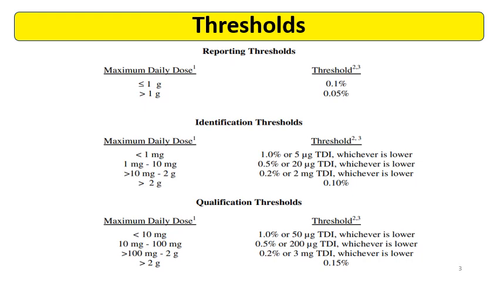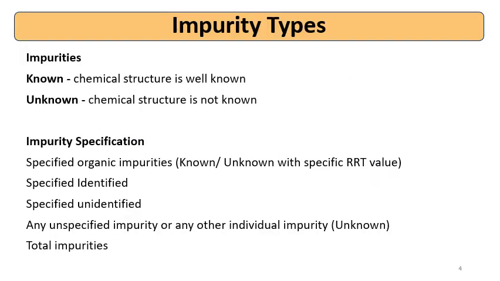These thresholds are considered on the basis of MDD, and on the basis of MDD the thresholds are given in percentage and micrograms per day or mg per day, whichever is the lower. Based on this threshold and the maximum daily dose, the reporting, identification and qualification limits can be identified.